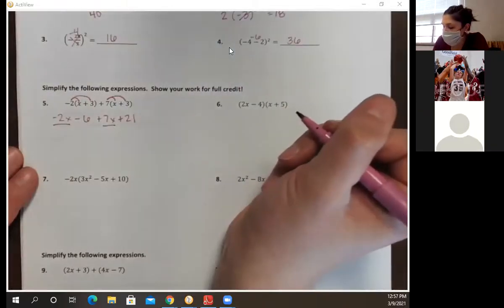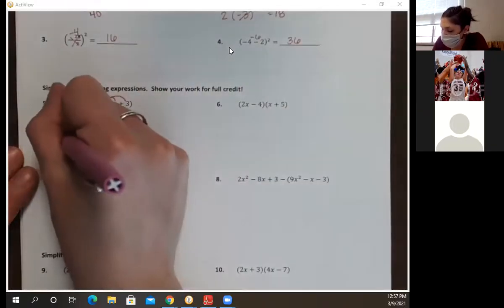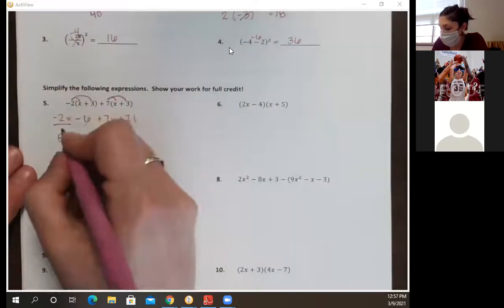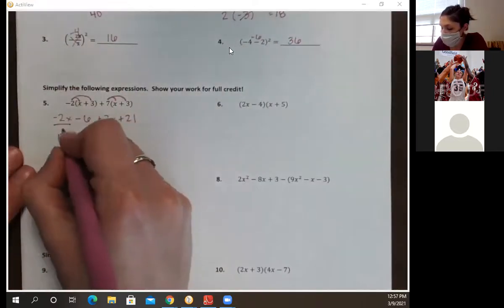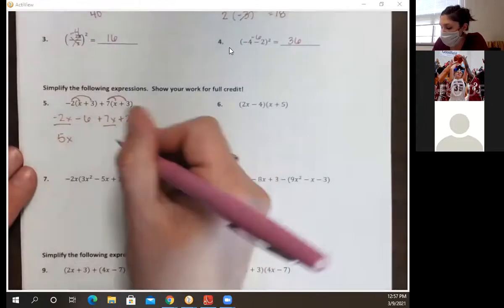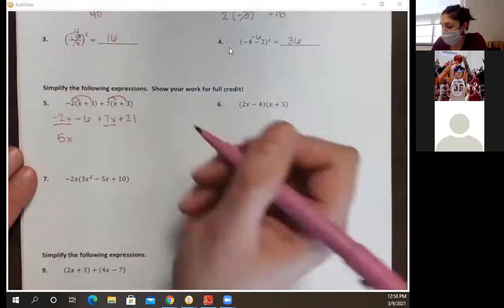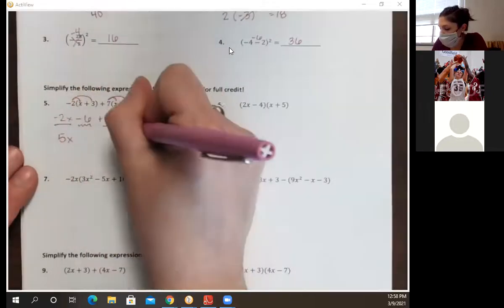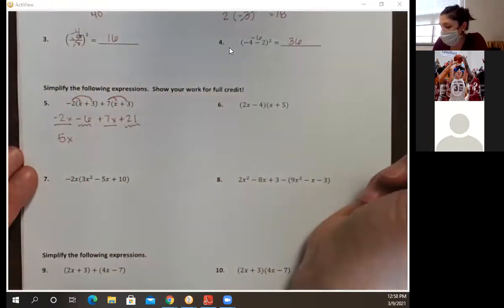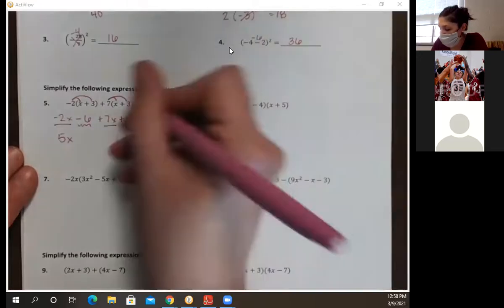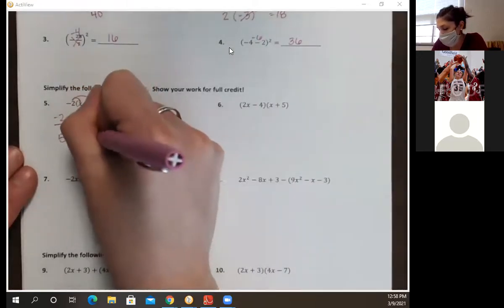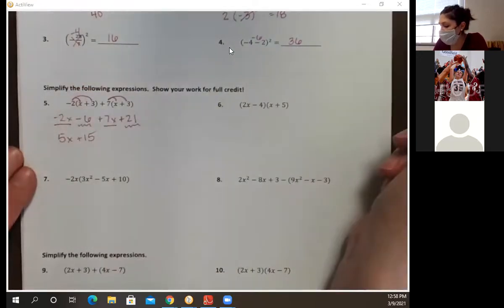And -2x plus 7x would be 5x. So my coefficient has changed. -2 plus 7 gives me 5, but my x hasn't changed. That stays the same. And then for my constant terms, my things without variables, negative 6 plus 21 would be 15. So I would get 5x plus 15 there.